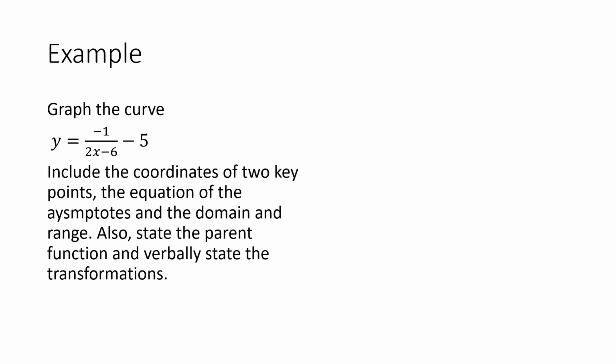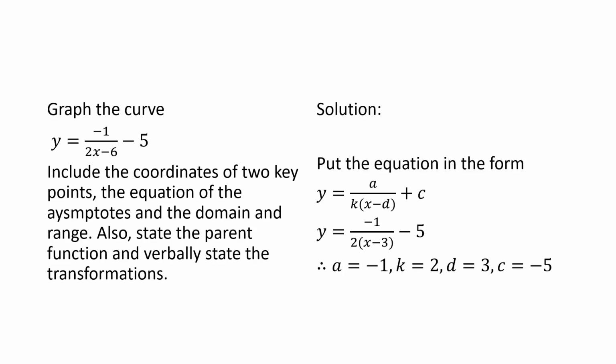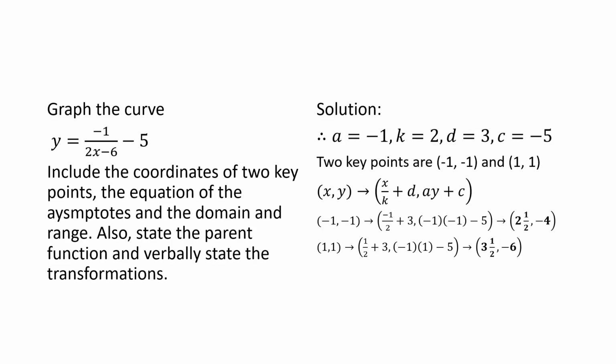So what if I ask you to graph the curve y equals -1 over (2x minus 3) and then subtracting 5? Well, what we do is we determine, first of all, that a is -1, k is 2, d is 3, and c is -5. Then we put our two key points of -1, -1, and 1, 1 through the mapping formula.